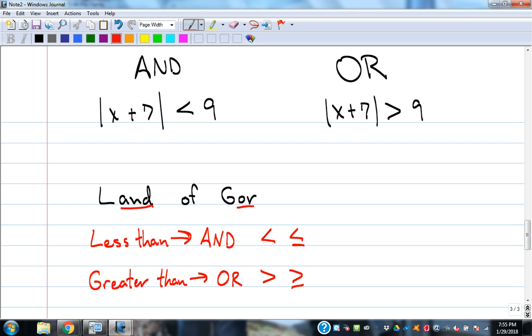If for any reason you see one where the absolute value is not on the left, you need to swap it around so that it is. And it's just turn everything around to do that. So, land of Gore, know that, live that, breathe that in your life with absolute value inequalities.